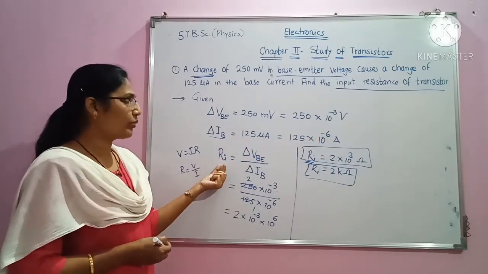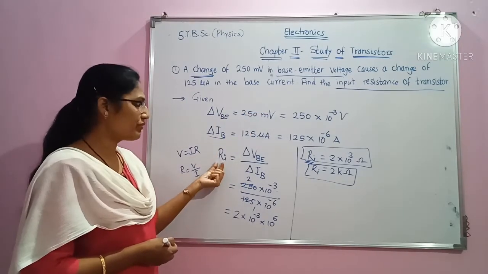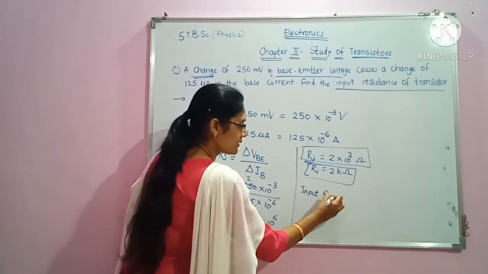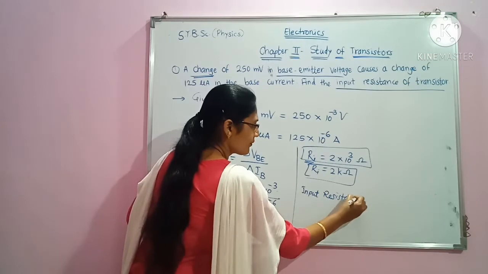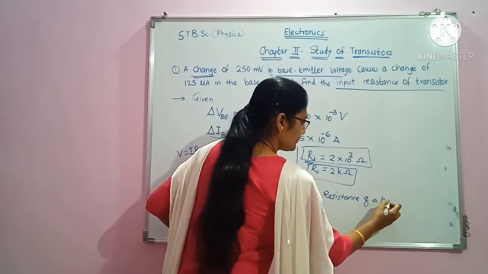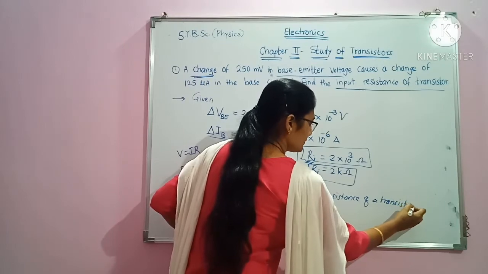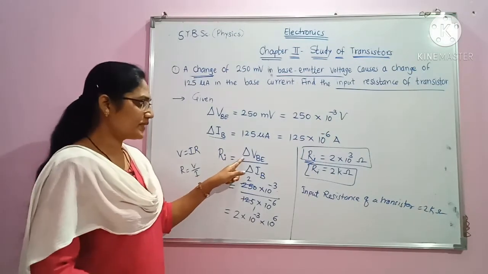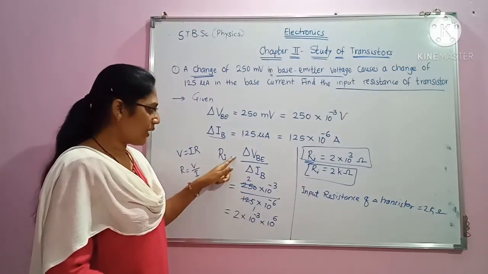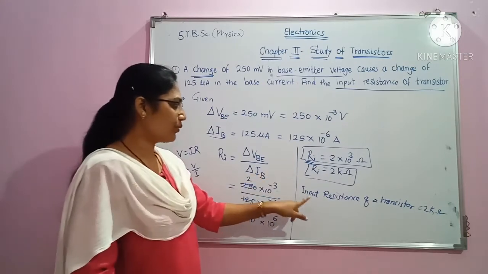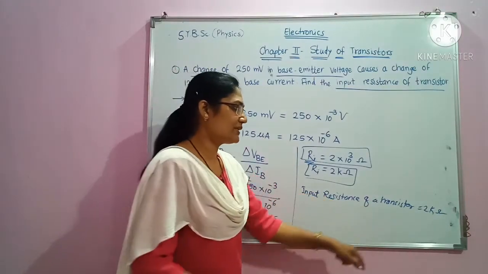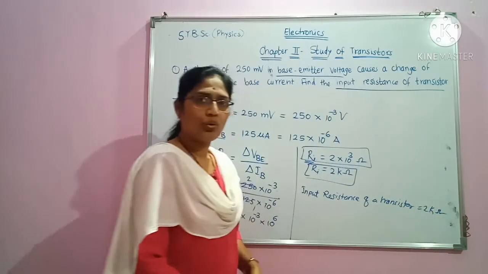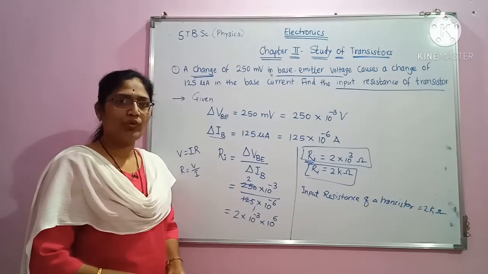And we know that the formula for the input resistance of a transistor is delta VBE upon delta IB. We have substituted the values and found the input resistance of the given transistor as 2 kilo ohm. Let's try to solve one more example.